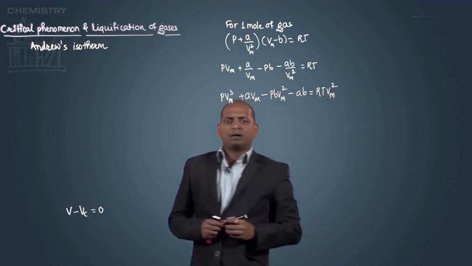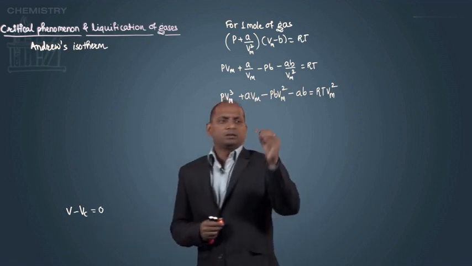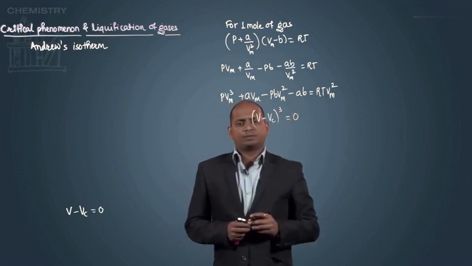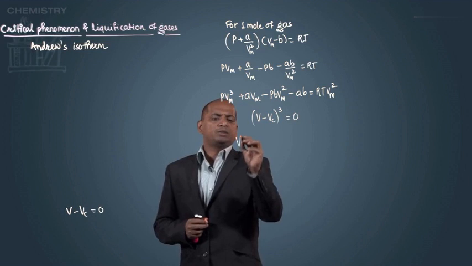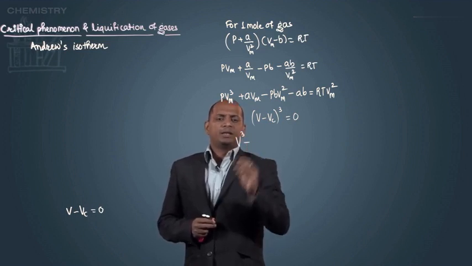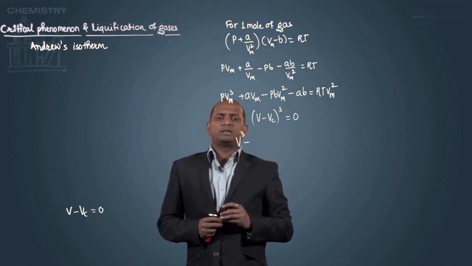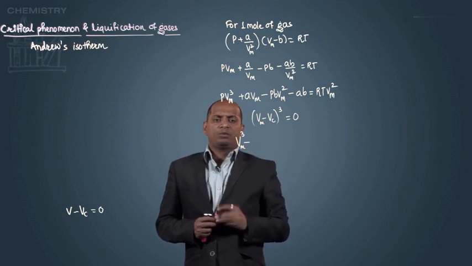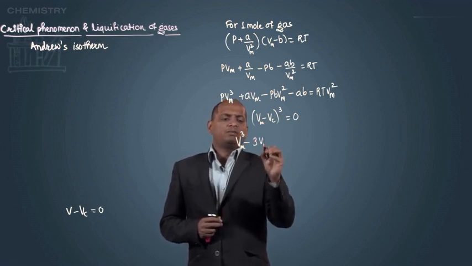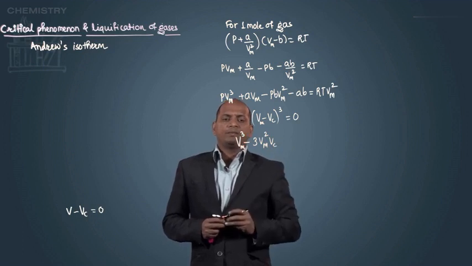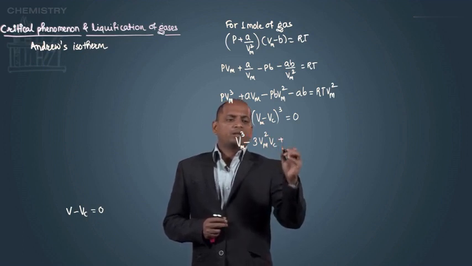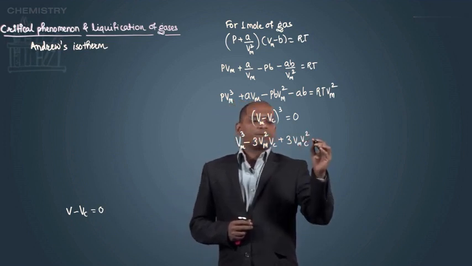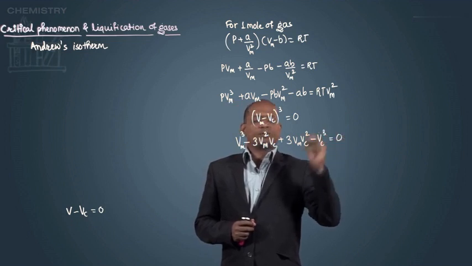Now, by considering the relation (V minus Vc) whole cube is equal to 0, this equation becomes, with V as the molar volume, Vm cube minus 3Vm square Vc plus 3Vm Vc square minus Vc cube is equal to 0.